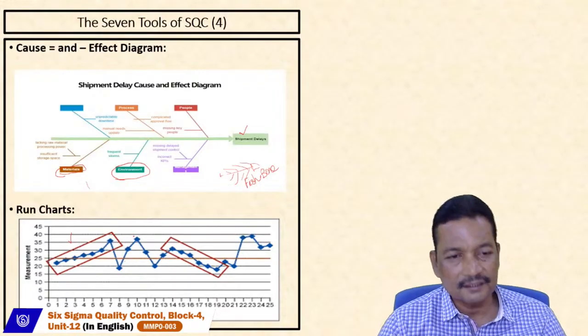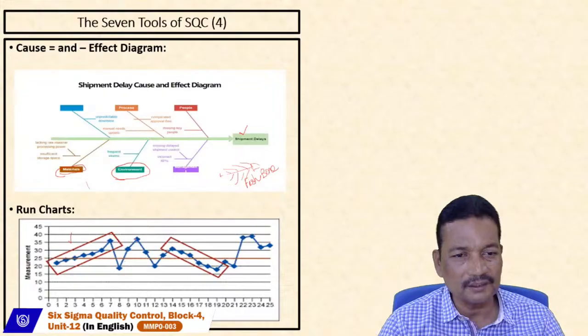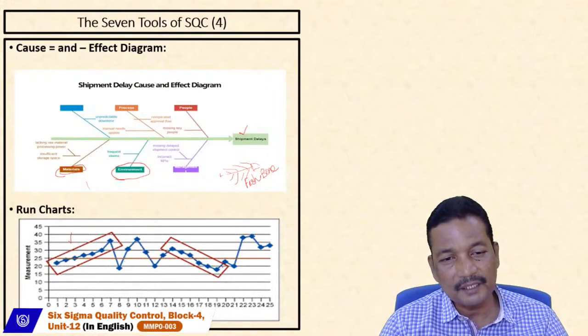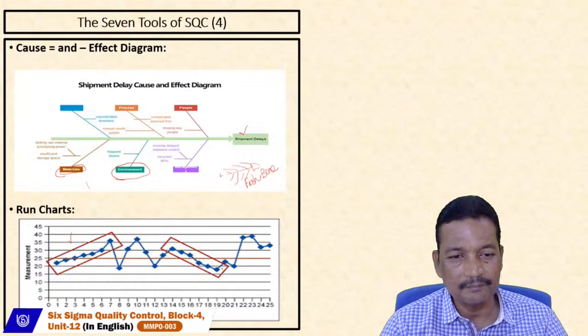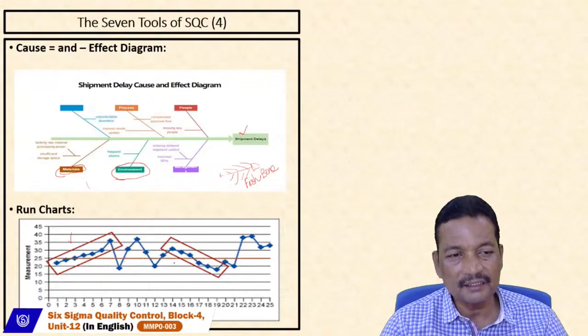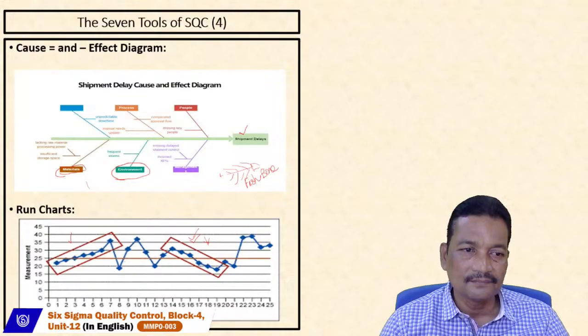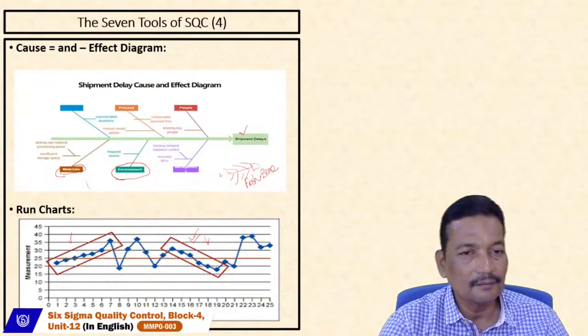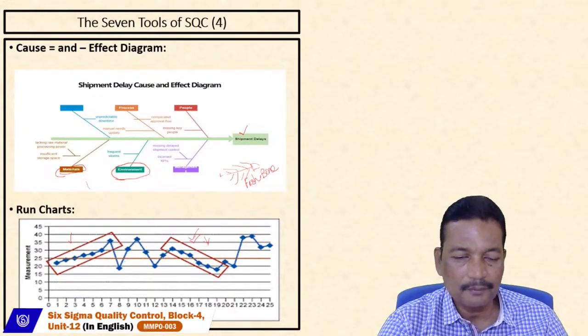Then the trend is shifting and moving upwards, then coming down but not continuing, then going upwards, then it starts to come down for a fair length of time. So here we are having a second type of run, that is decreasing. So runs chart will help us to identify the patterns in the measurements of the items produced.